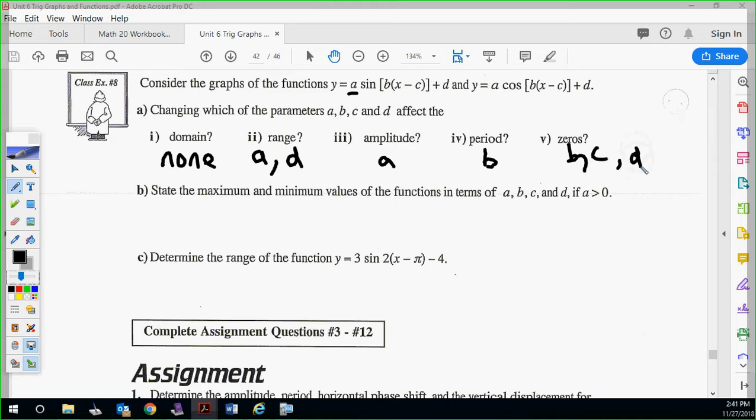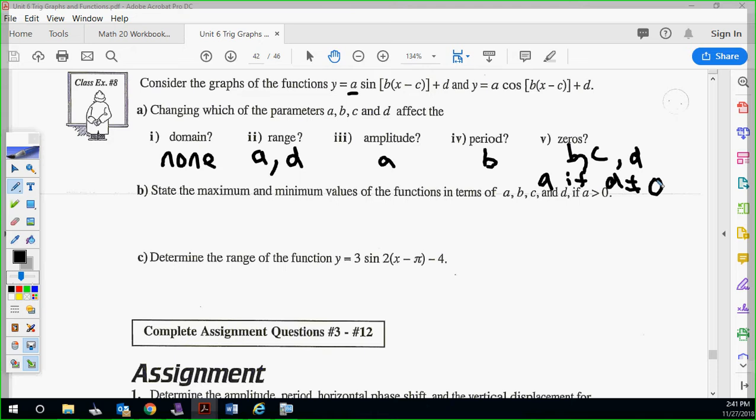And then what it says is for A if D is not 0. If you move it off the line and then you stretch it, it will change. So A will play a part. But if D is 0 and you change your stretch, it doesn't do anything. We kind of know that. If you don't move it off the line, that 0 is going to stay the same because you're stretching from 0. So that's what it's talking about there.